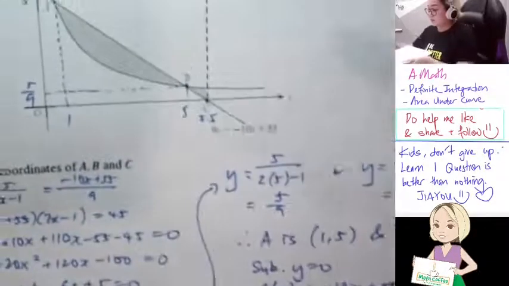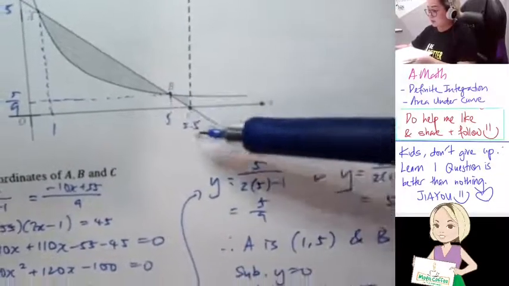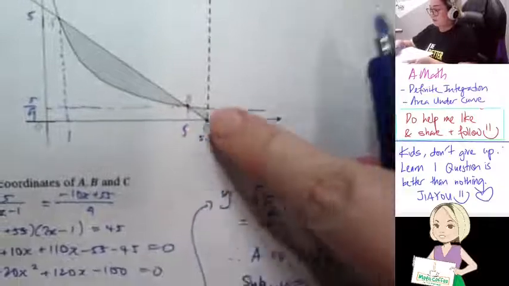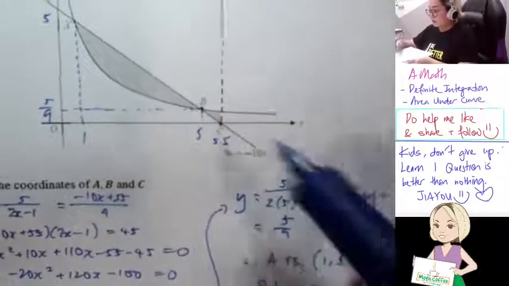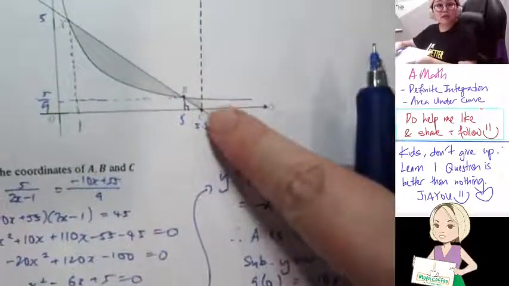Can see? Because the curve is here, area under the curve, I sweep from 5 to 5.5, minus away the mini triangle. I'm going to put the right angle here. Then I will get the smaller shaded.